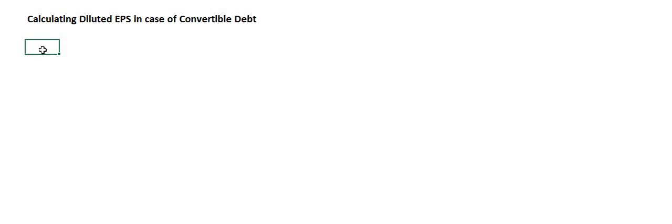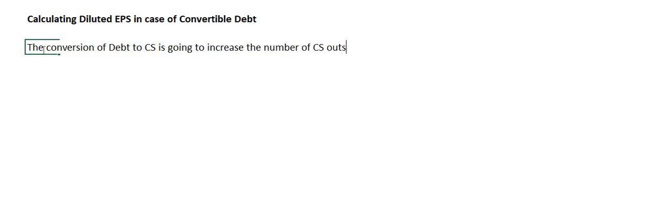So if we have convertible debt, the conversion of debt to common stock is going to increase the number of common shares outstanding. This is quite similar to what we observed in the case of conversion of preferred stock to common stock.